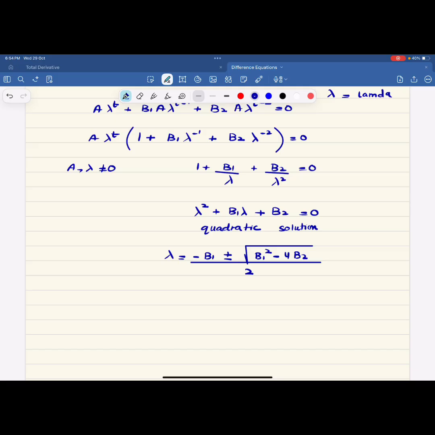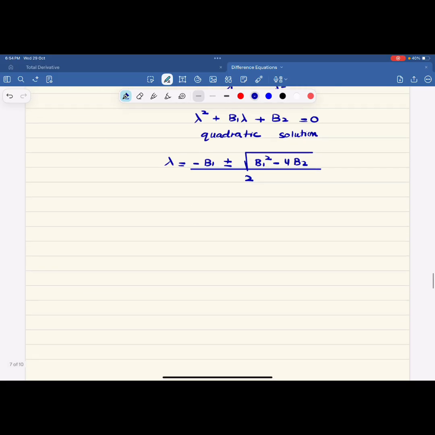Okay, so now we have three possibilities. We have a case where we get two roots, lambda 1 and lambda 2, which are real and distinct, so lambda 1 is not equal to lambda 2.